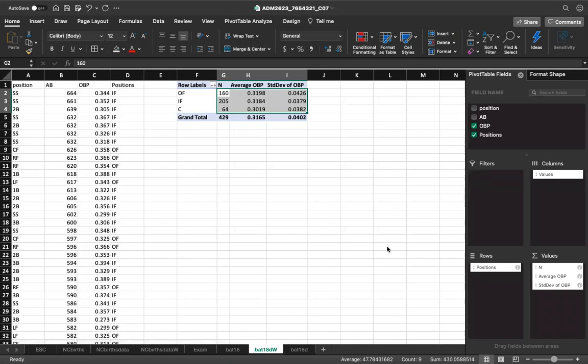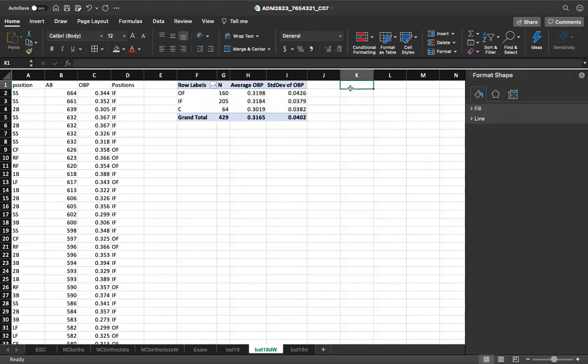Next is we test for the normality. So what we can do is we can create the histograms and the box plot for OF, IF, and C. So the first thing is let's sort it in ascending to descending order.